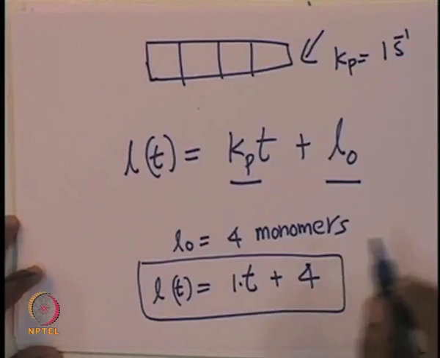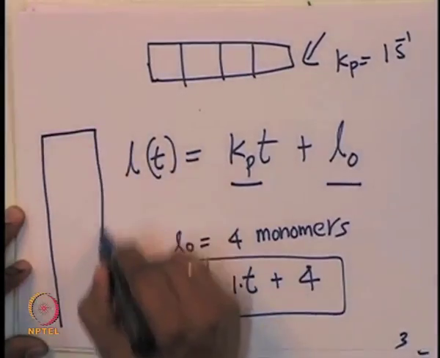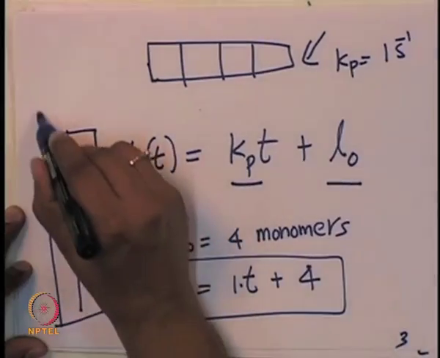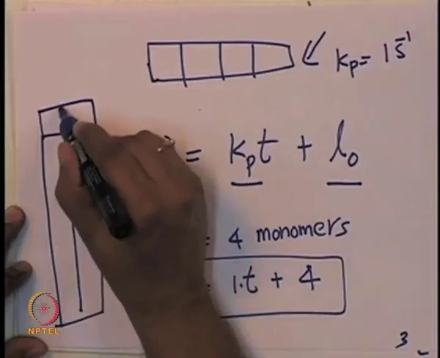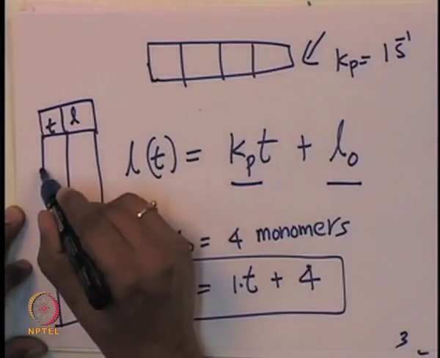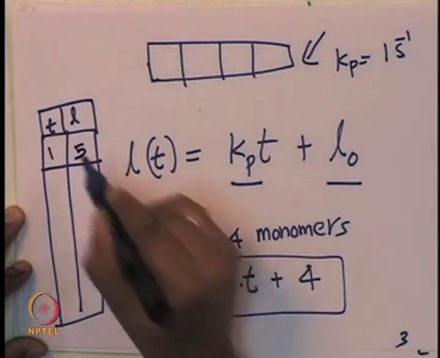So, let us think of a table here. We can have time here and the length here. When t is equal to 1 second, 1 into 1 is 1, 1 plus 4 is 5, the length is 5.